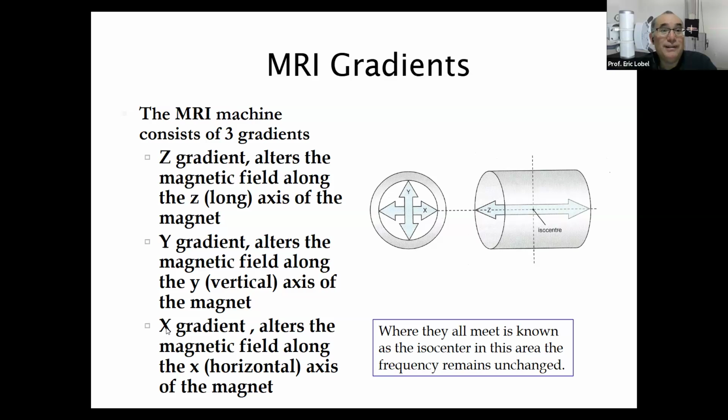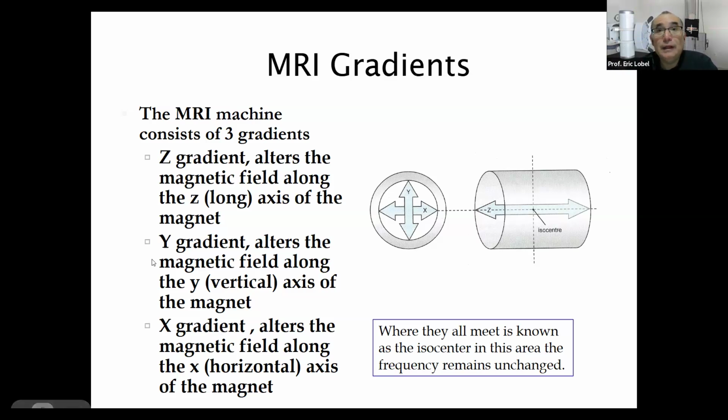That doesn't sound good, right? So the Z gradient would be responsible for axial cuts from top down. The Y gradient is going to give us coronal from front to back. And the X is going to give us sagittal imaging. So the Y gradient will not be able to do sagittal cutting.